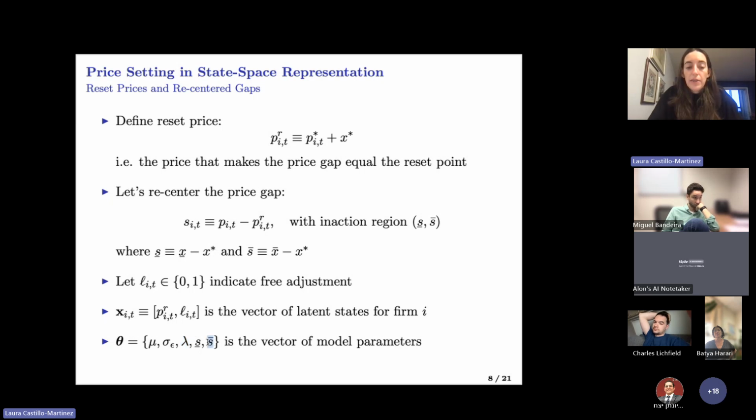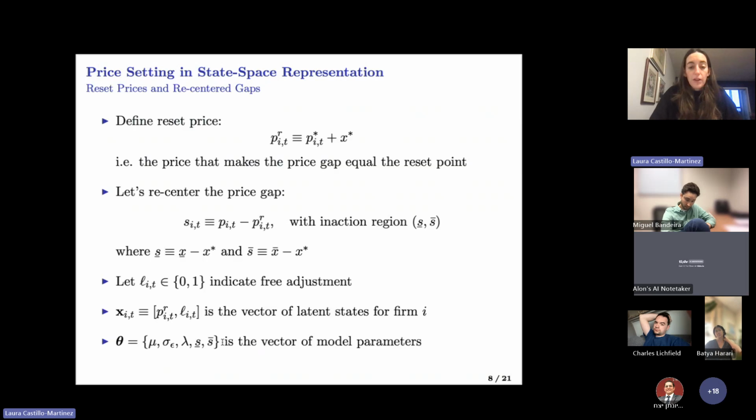And then finally, the two key variables of the SS rule are going to be captured by the inaction thresholds. Here you can see why rewriting things in terms of the reset price helps. This is because we're going to summarize the SS rule by these two parameters instead of having a third parameter, which would be the reset point. That's going to make our lives a little bit easier, and we're not going to be able to separately estimate the reset point from these two. This is the reason why we needed to go through the hassle of a little bit of new notation.